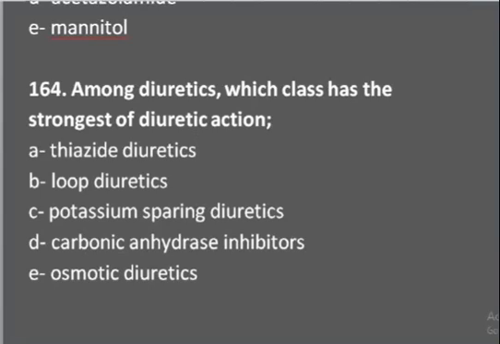So this MCQ asks us to identify the class of diuretics that has the strongest diuretic action, that is, the most potent and most effective. So actually in these options the correct answer here is loop diuretic. They are actually high ceiling diuretics, this is their second name. Their effectiveness and potency is much more compared to these other classes of diuretics. So B is the correct option here.